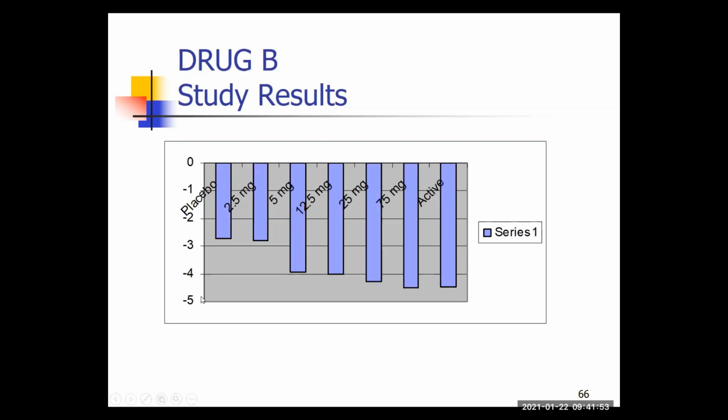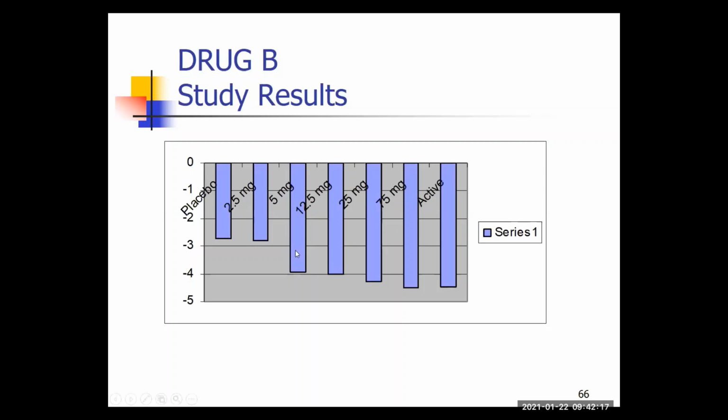Now, the best part of this design is 2.5 doesn't work. Now, why is that good? Remember, in the previous lectures, I said minimum effect dose is mission impossible. It is almost impossible to find a minimum effect dose.